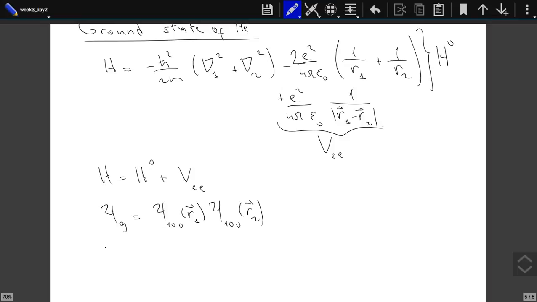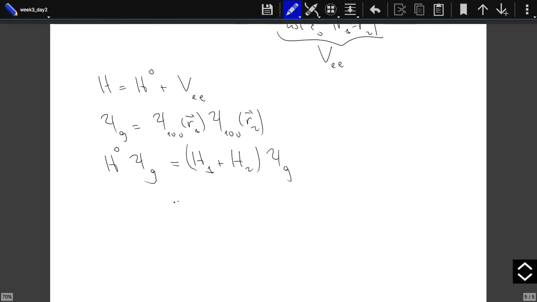Now, in this state, H0 psi g, we can just split it into 2 parts: H1, the Hamiltonian for the first electron, plus H2, the Hamiltonian for the second electron, acting on psi g. Now H1 psi g plus H2 psi g. H1 psi g is an eigenstate of H1, so it's as if we have the hydrogen atom with 2 protons in the nucleus, a single electron. In this H0 there is no electron-electron interaction.